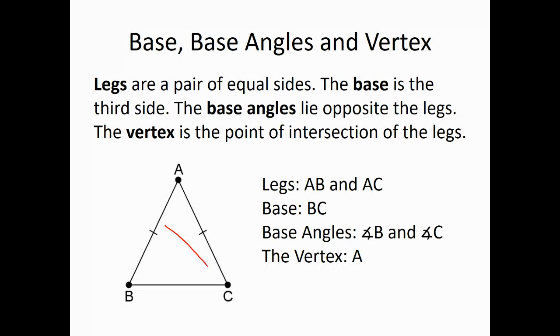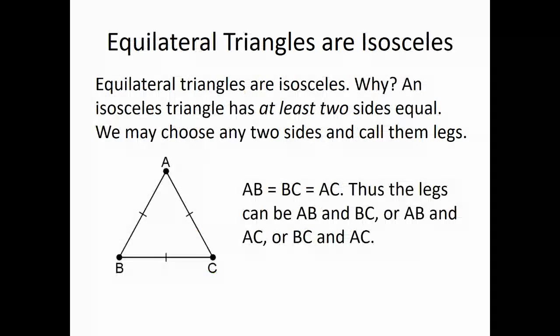Opposite in the triangle to leg AB is angle C, and opposite leg AC is angle B. Okay, and then finally, by the vertex, we simply mean the point of intersection of the legs. Now, I know we use vertex generally to refer to points of intersections of sides of a polygon, but in the case of isosceles triangles, when you talk about the vertex, you mean a special vertex. You mean the vertex that is the point of intersection of the legs.